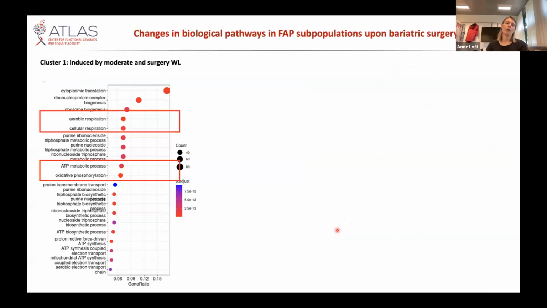So we also carried out a functional enrichment analysis and looked for common pathways that were enriched in the different clusters. For example, the genes that are induced in response to moderate weight loss are enriched for pathways related to energy metabolism, indicating that the fabs become more metabolically active, likely because of their role in this early adipose tissue remodeling.